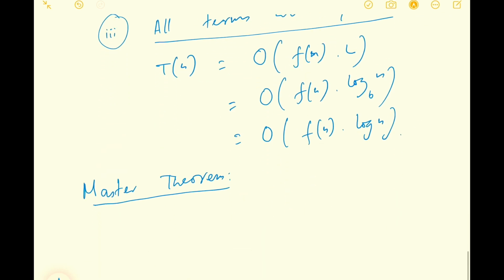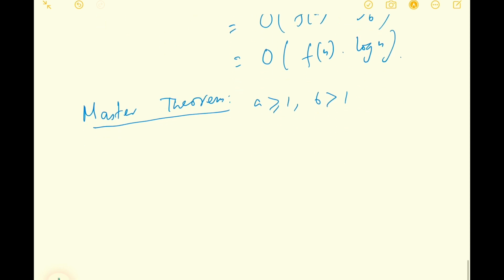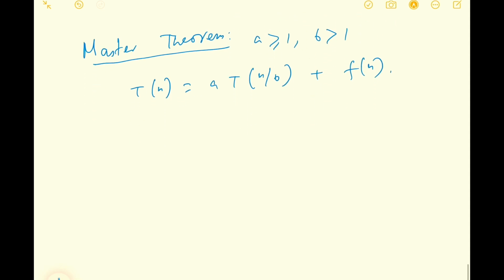Suppose a is greater than or equal to 1, b is greater than 1, f(n) is a function, and T(n) is defined as a T(n/b) plus f(n). Then we have the following.